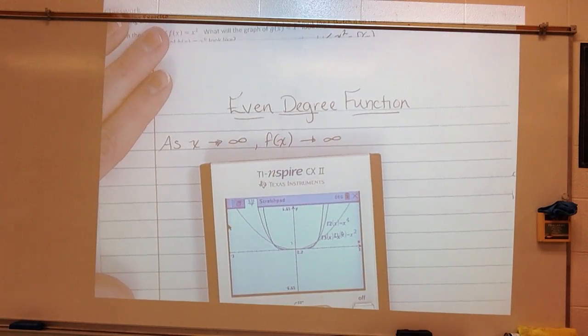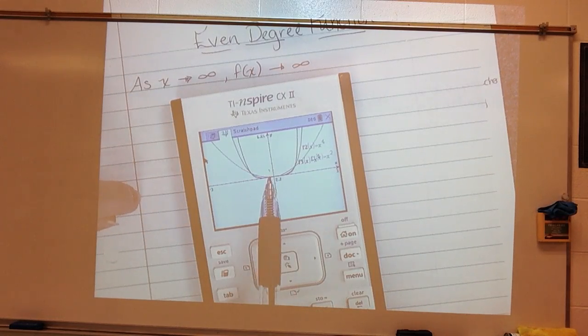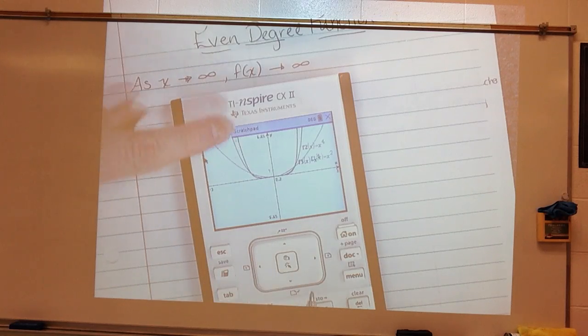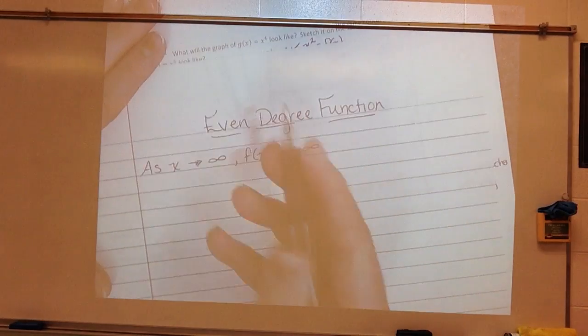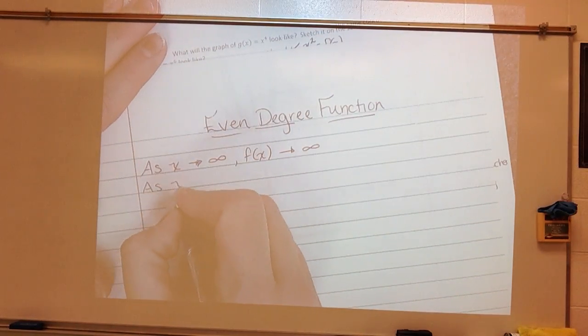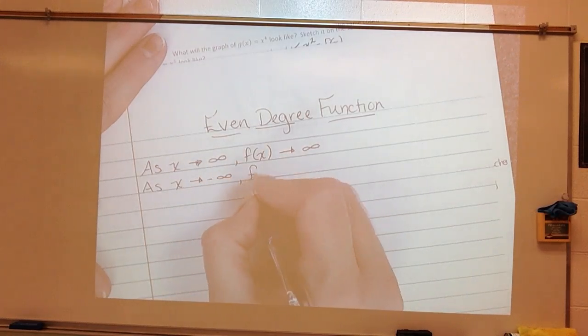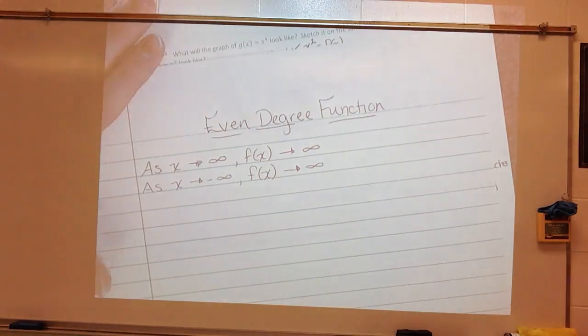Looking at this, let's look at what happens as x is approaching my negative numbers. As x approaches negative infinity, what's happening? I'm still getting a positive number. So as x approaches negative infinity, my function still is approaching positive infinity.